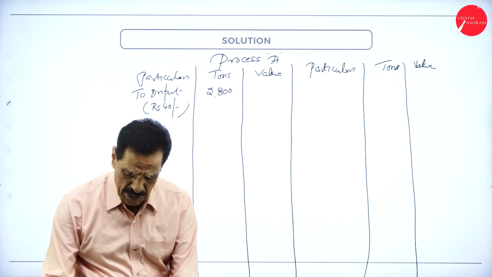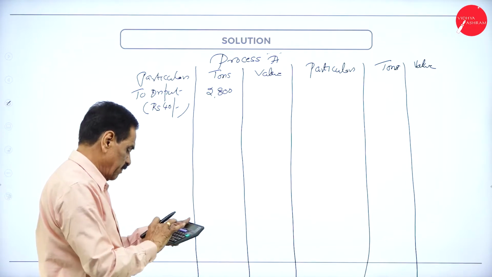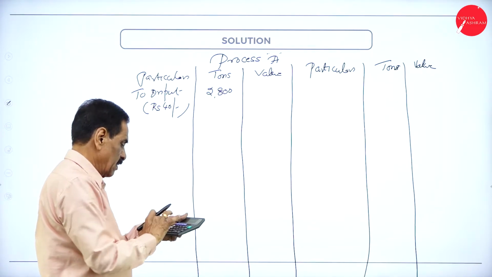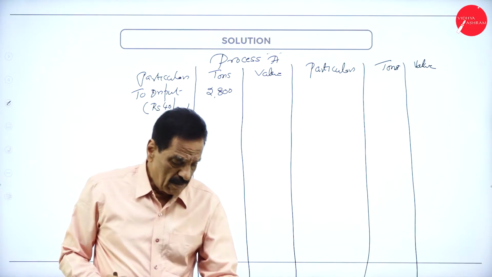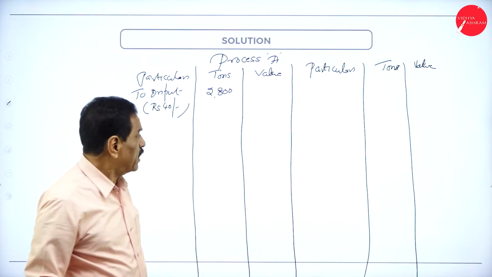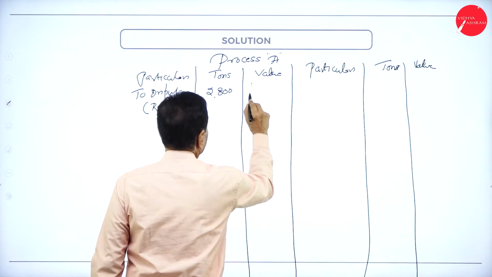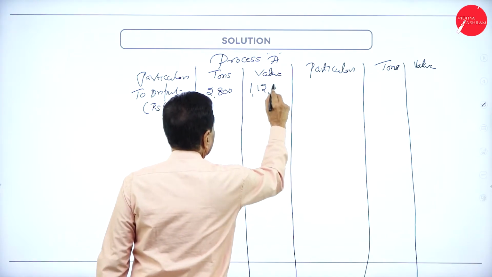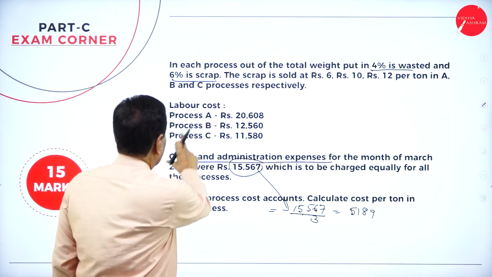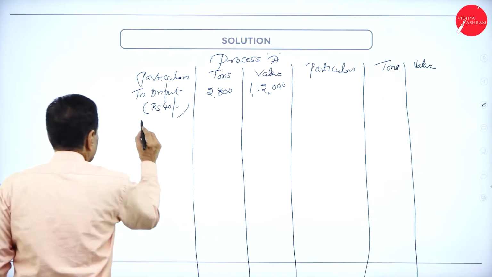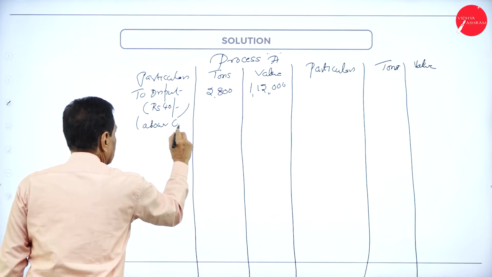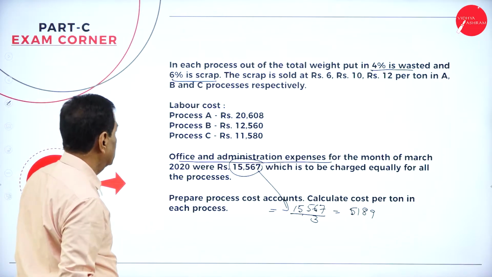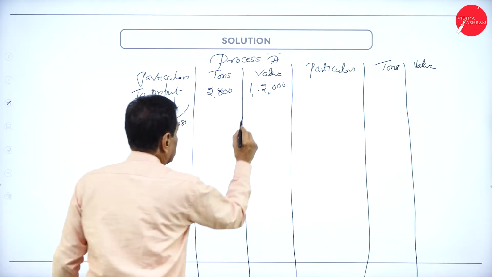So 2,800 into 40 is 1,12,000. Then labor cost 20,608.